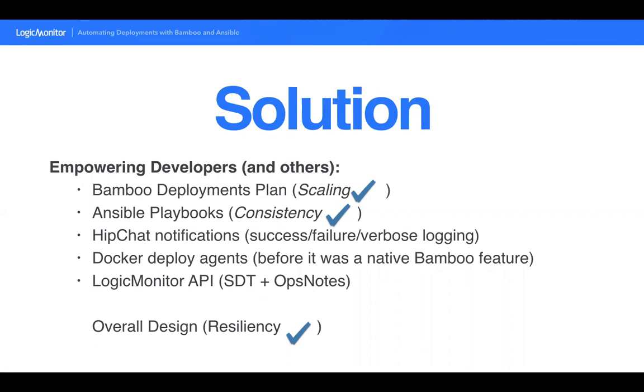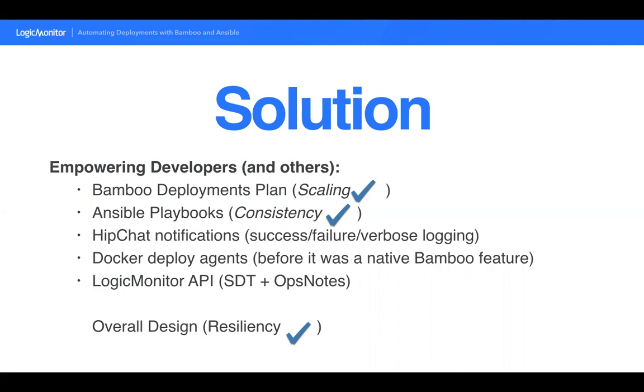So the solution we put together was to use Bamboo deployment plans. And that tied back into our scaling issue. We knew by using Bamboo, we could systematically define our deployment projects so that they were consistent for all the applications.